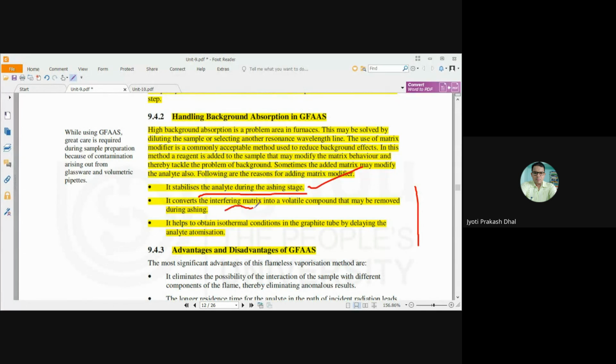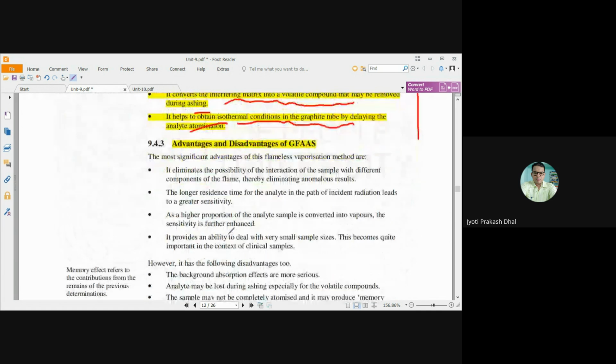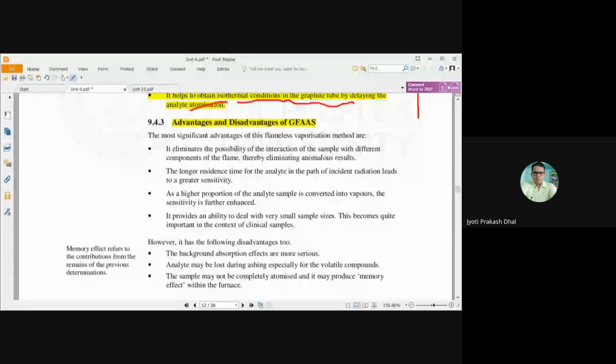It converts the interfering matrix into a volatile compound that may be removed during that ashing stage. It helps obtain the isothermal condition in the graphite tube by delaying the analyte atomization. So here we will take just a 1-2 minutes gap. After that again we will continue.